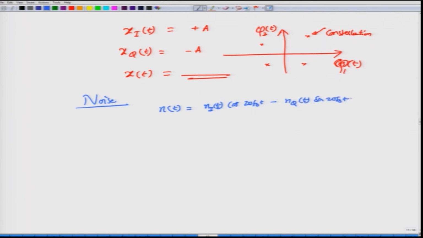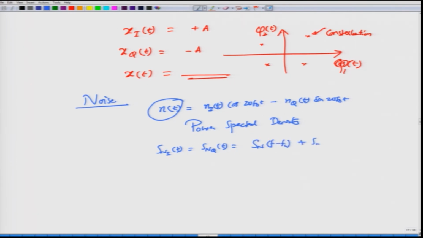However, noise is not characterized by its Fourier transform, but by its power spectral density, and you can actually show that the power spectral density of the in phase and quadrature components, given the power spectral density of the noise itself, is given by this expression. Okay. So, that would be Sn of f minus Fc plus Sn of f plus Fc.